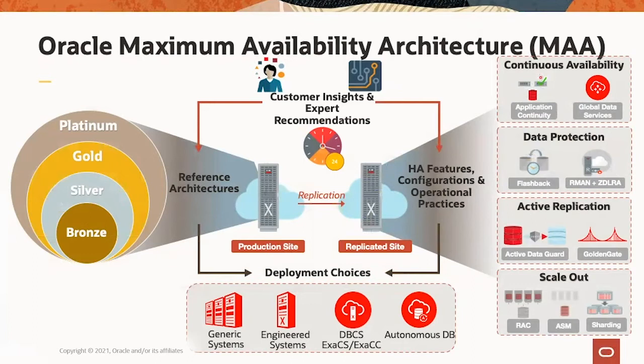Products being Application Continuity, Active Data Guard, GoldenGate, Flashback, RAC, and that kind of stuff. The moment you have chosen which protection level based on your RTO and RPO that you need, it comes with some products, and then we can go on to choose our deployment options.